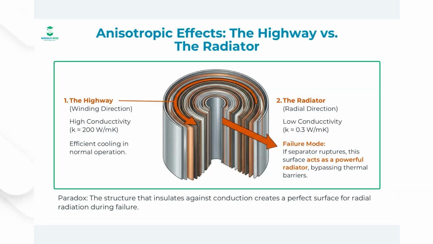Radiation bypasses the physical resistance of the layers and broadcasts energy radially through the structure via electromagnetic waves. So again, the key takeaway: the very structure that insulates against conduction creates a perfect surface for radial radiation during failure. This is precisely why fire spreads sideways to neighboring cells very quickly, even though material properties would suggest that they should be thermally insulated.